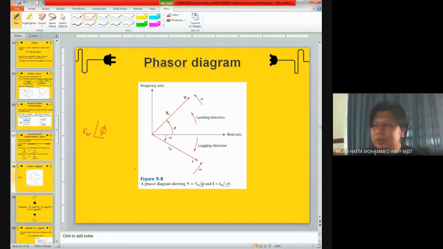What you need to do is draw this line, which is the magnitude of Vm. For example, this Vm is 10 and the angle is, let's say, 45.